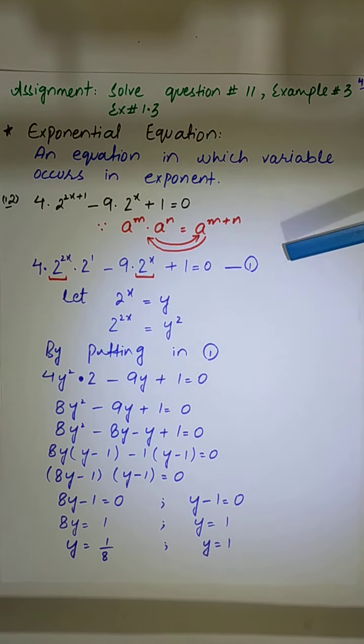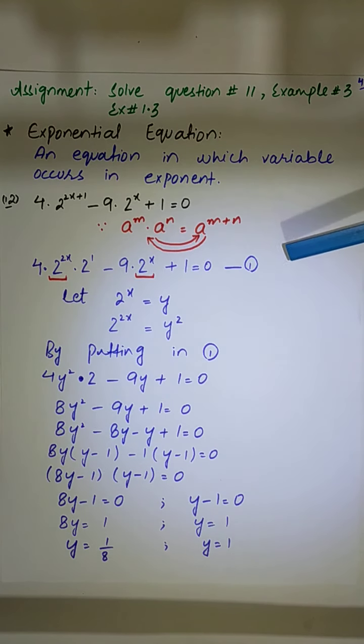So we can see that here is 2 raised to power x and here is 2 raised to power 2x. It means we will take these two terms. We will suppose that 2 raised to power x is equal to y, so 2 raised to power 2x will be y square, y raised to power 2.